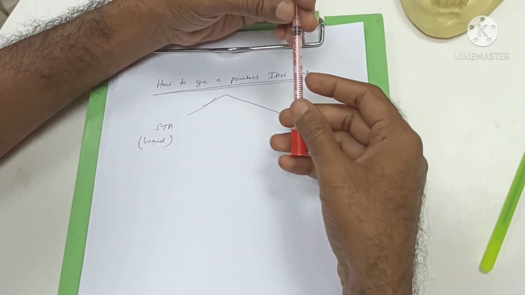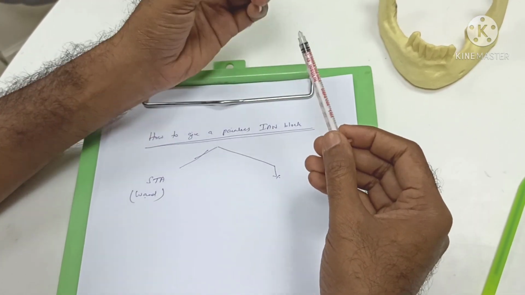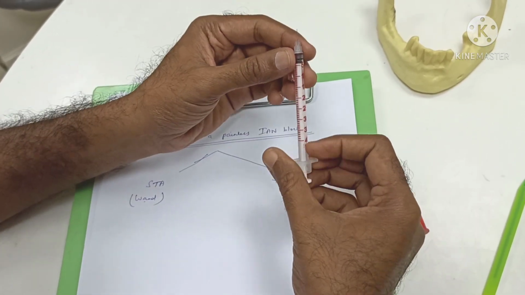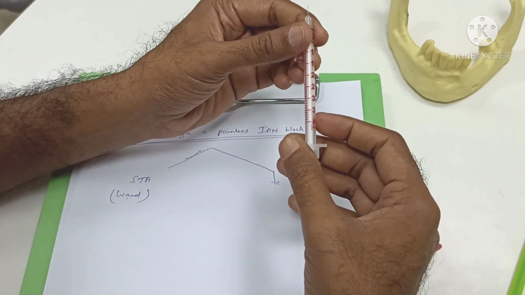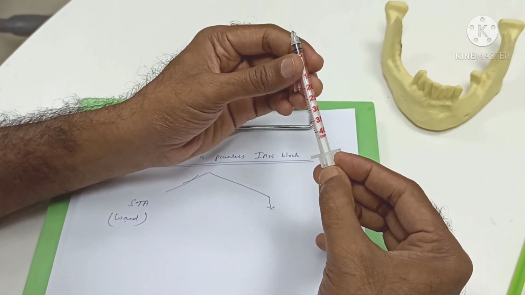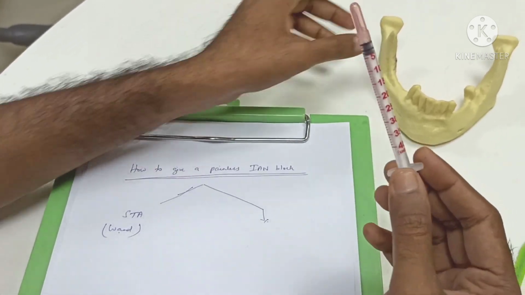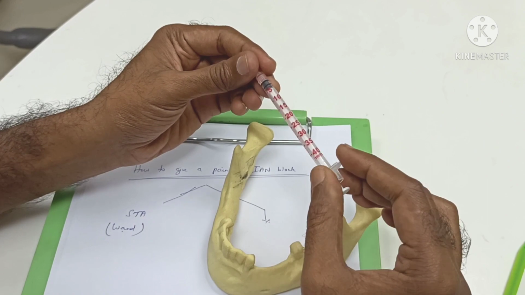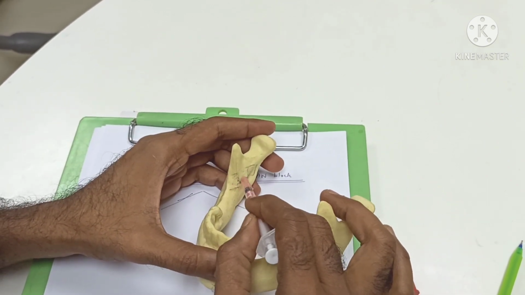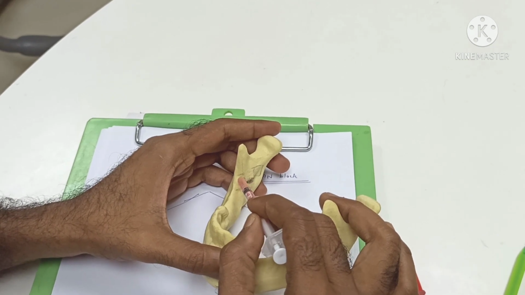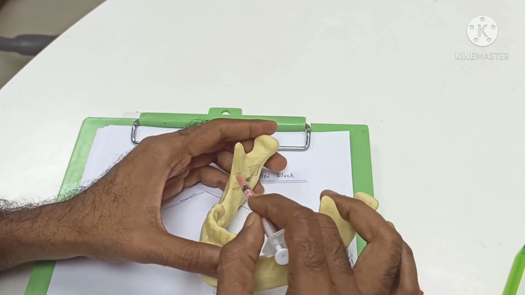This is an insulin syringe, which is used to give insulin. This needle is very thin, and inserting it into the oral tissue is very comfortable to the patient. There is no pain at all. You can deposit local anesthesia with this syringe locally, just anterior to the pterygomandibular raphe, around 6 to 10 mm above the occlusion plane.